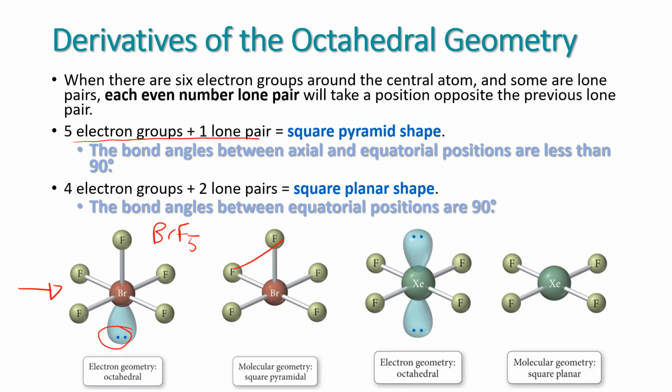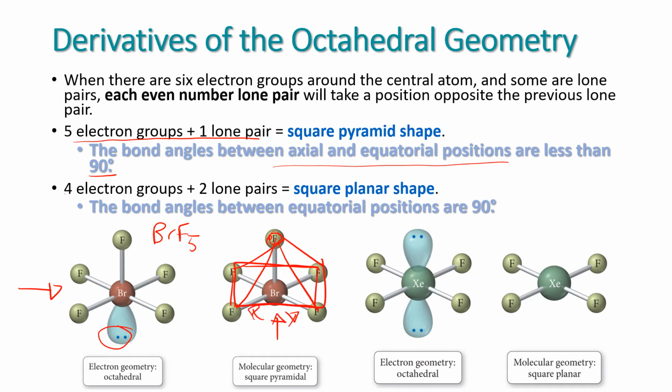And then what you see is a little square pyramid. So the reason it's called a square pyramid is because the shape of the base is a square. So you can see it right there, and then it forms like a peak up here, so it's a pyramid. So the bond angles will be less than 90 because of that lone pair. It's pushing those bond angles up.